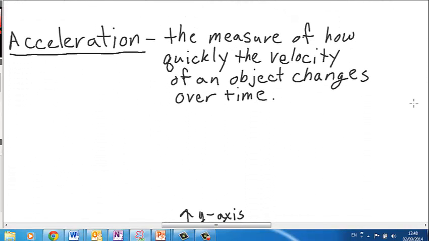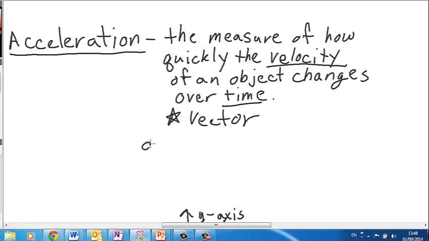Okay, now to talk about acceleration. Acceleration is the measure of how quickly the velocity of an object changes over time. So, because it's the velocity changing over time, acceleration is a vector quantity also. Alright?